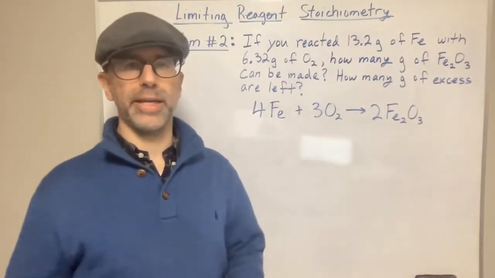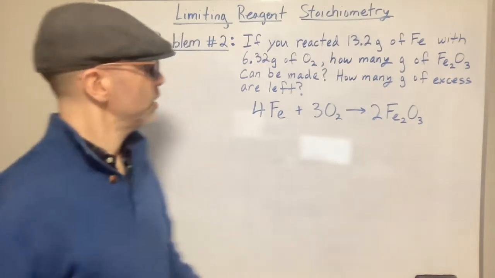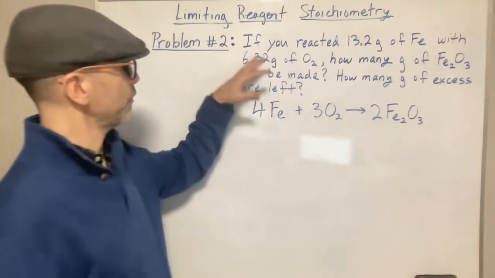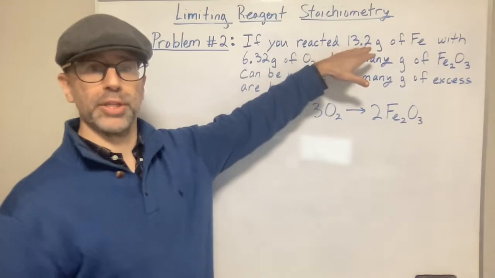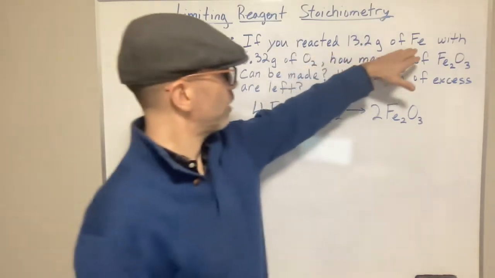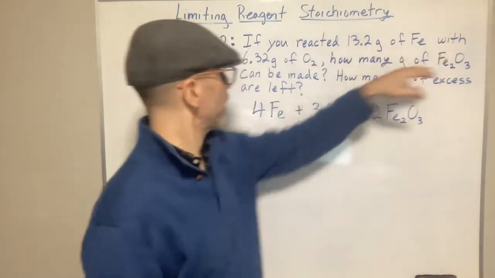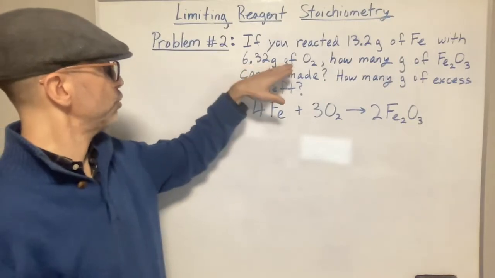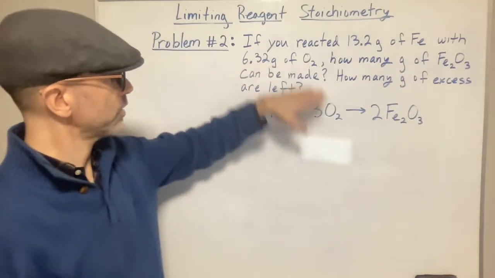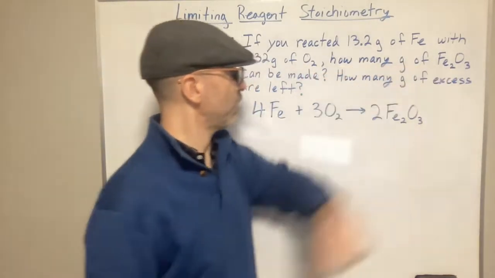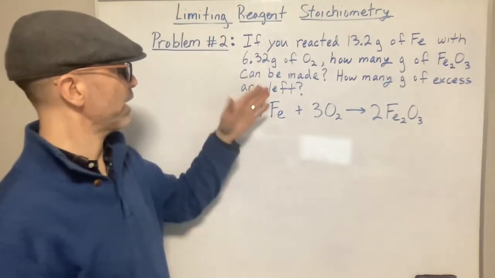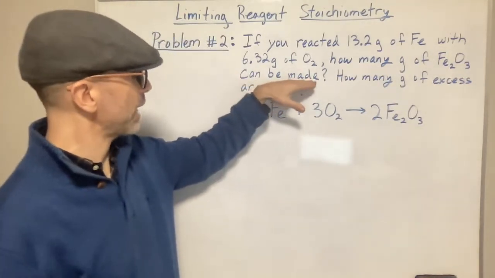Okay, so here is problem number 2. Problem number 2 says if you reacted 13.2 grams of iron with 6.32 grams of oxygen, how many grams of iron(III) oxide can be made?